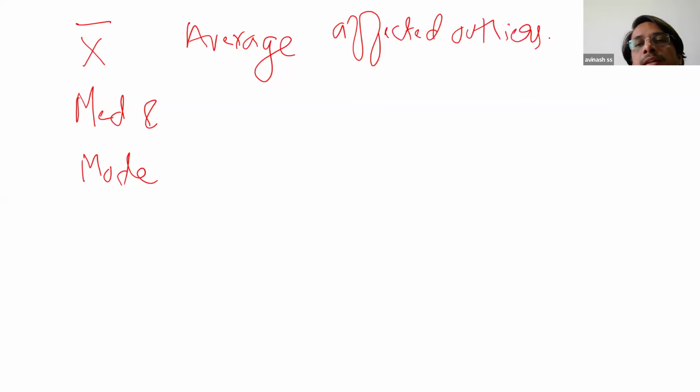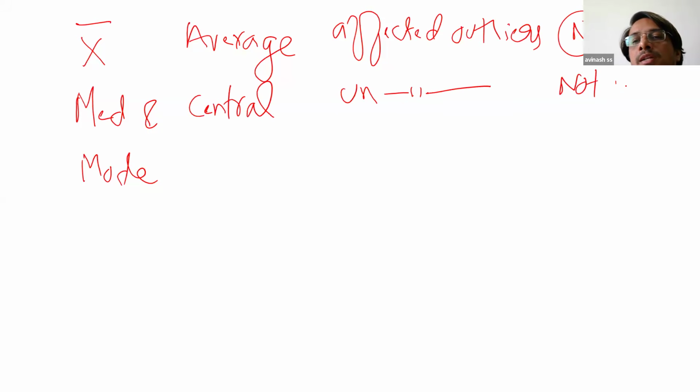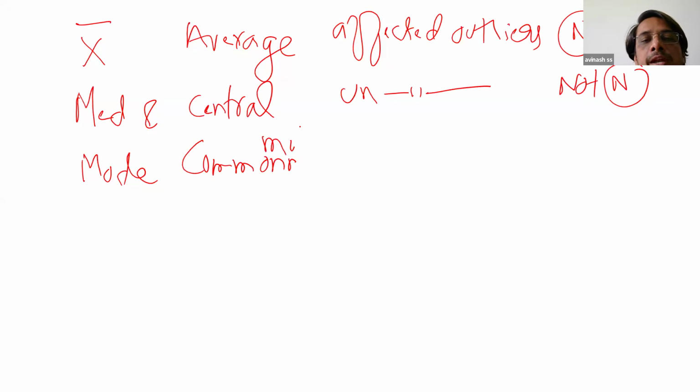Hence, it is better used as a measure of central tendency when the data is normally distributed. Median is the centralmost number. It is unaffected by the outliers and it is best used when the data set is not normally distributed. Mode is the most commonly occurring number, most common number. Okay, so these are the characteristics of the mean, median, and mode.